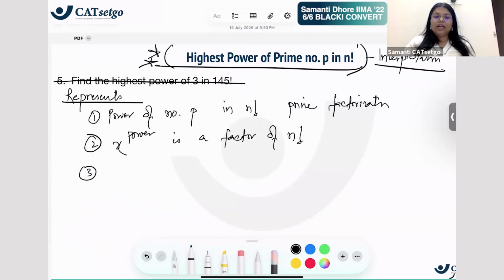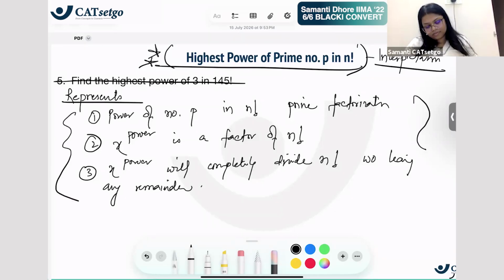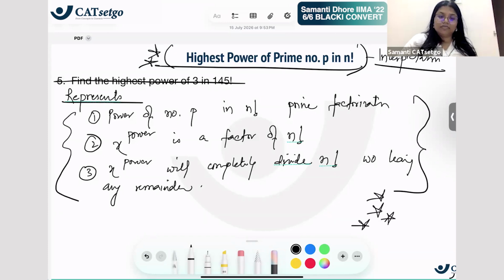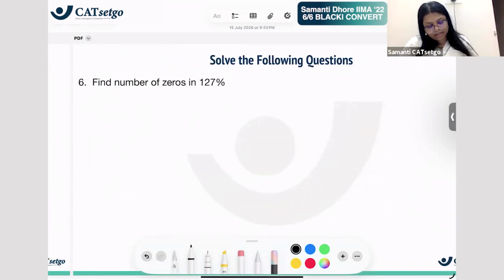It also means that x raised to that power will completely divide n factorial without leaving any remainder, okay? This is the meaning of finding the highest power of the prime. Okay, alright.